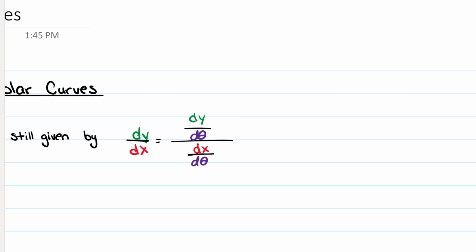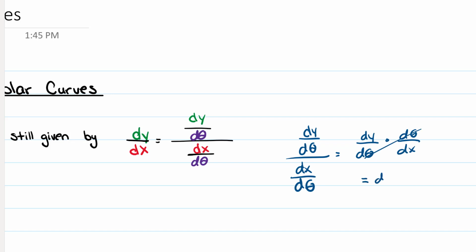The reason for that is if you divide a fraction by a fraction, dy/d theta divided by dx/d theta, this would be dy over d theta times d theta over dx. So the d thetas cancel, and you get dy over dx back. And that's why this is equal to that.